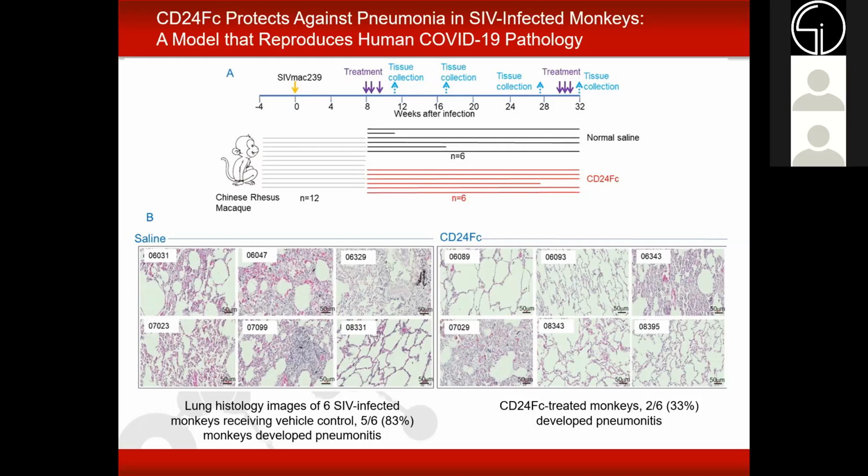But then on the right-hand side, with CD24, there's 6 monkeys over there. 2 got sick, but 4 of them have pretty much normal alveolar walls. So we can reduce this viral pneumonia from 87% to 33%.